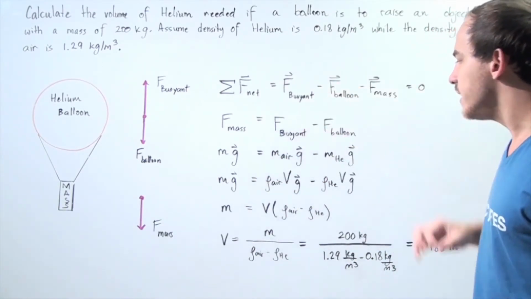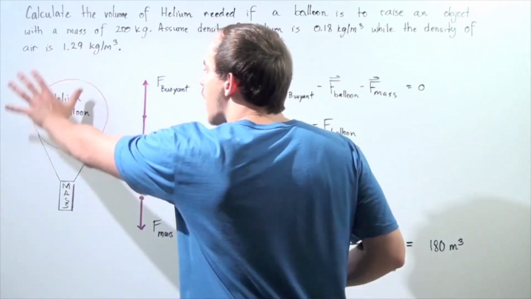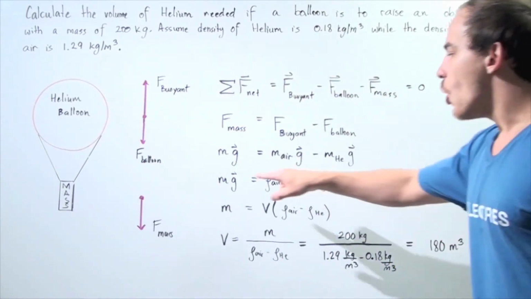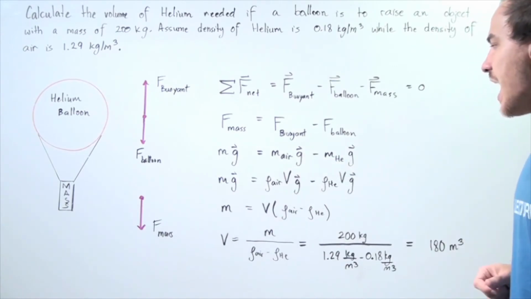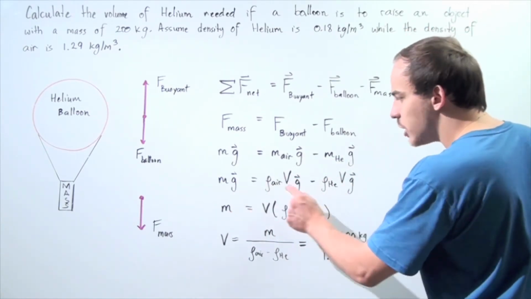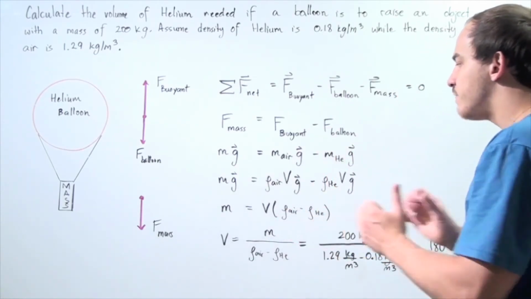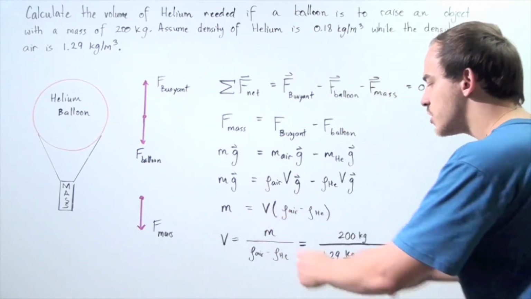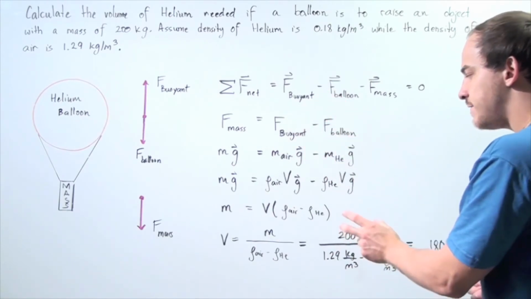The mass of helium is simply the density of helium multiplied by the volume of our balloon multiplied by g. Notice the g's appear on each term, so we cross out the g's, and we have mass is equal to, and the volume appears on both of these terms on the right side of the equation. So we can take the volume out. We get mass is equal to volume times the difference between the density of air and the density of helium.